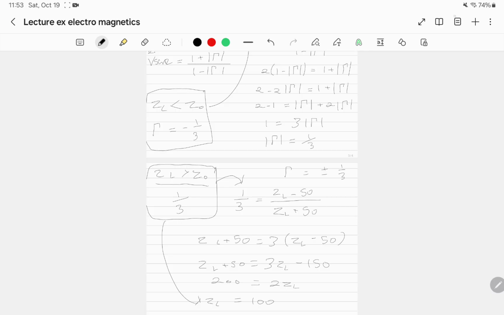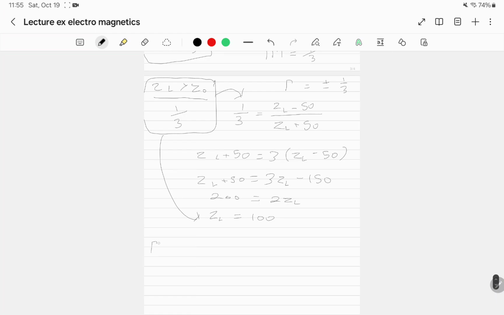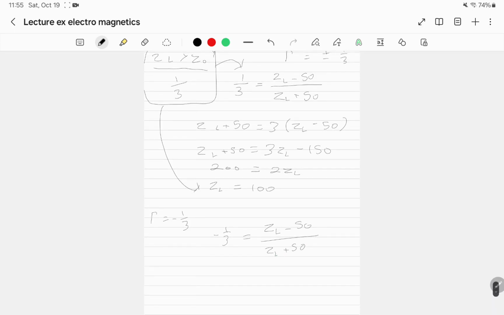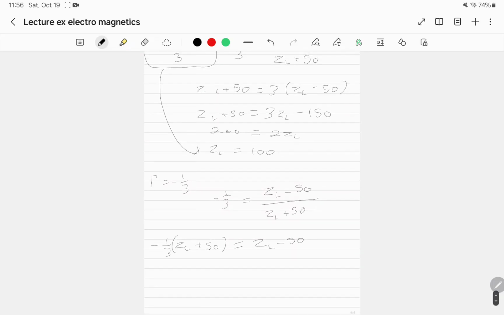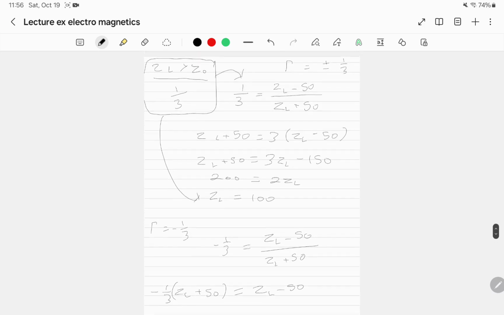And now we just do it for minus 1 over 3. So now we're going to do the situation where the reflection coefficient is equal to minus 1 over 3. So we'll have minus 1 over 3 is equal to ZL minus 50 divided by ZL plus 50. Again, cross multiplication. So minus 1 over 3 times ZL plus 50 is equal to ZL minus 50, and we'll just distribute it.